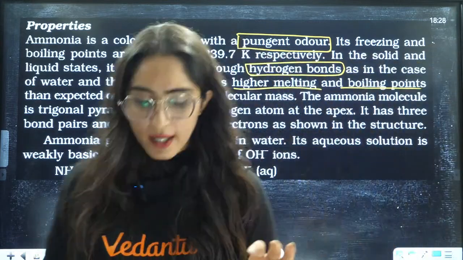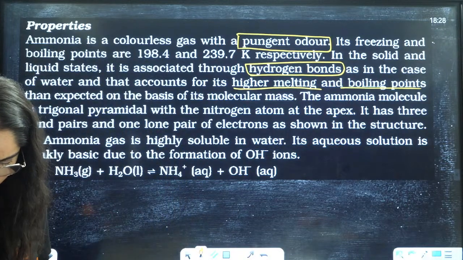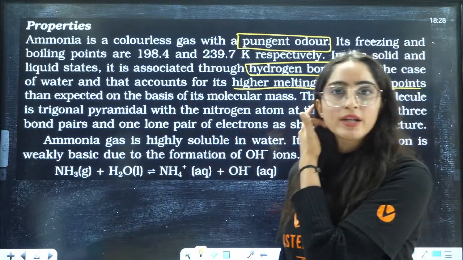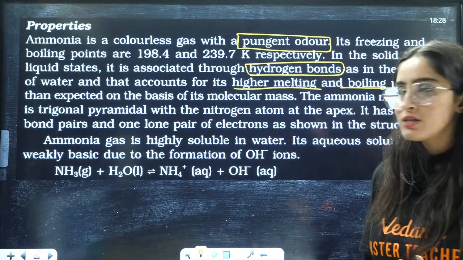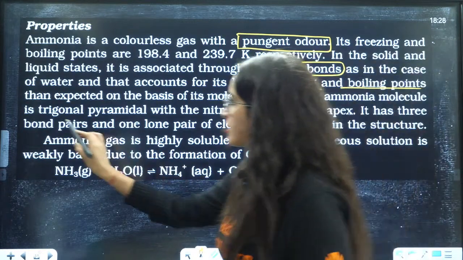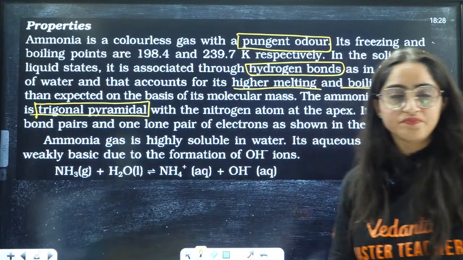We were expecting that it should have low melting points, but because of the hydrogen bonds, it has high ones. Now what is the structure? The structure is trigonal pyramidal. This we have also done in chemical bonding.